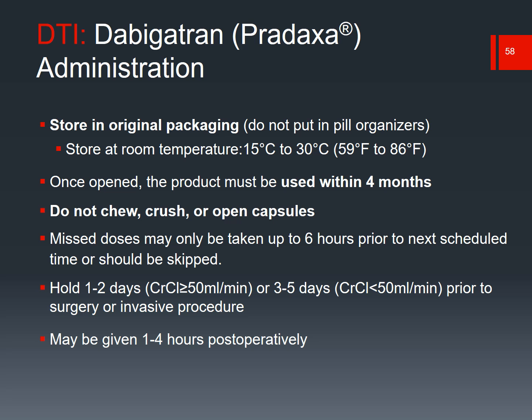When we administer dabigatran, there are significant counseling points. You should note to the patient that they should store it in the original packaging. They come in a container or a vial, as well as in unit dosed packaging.